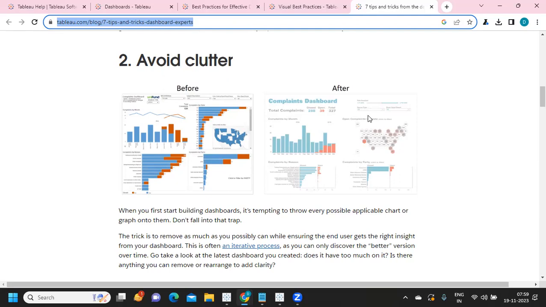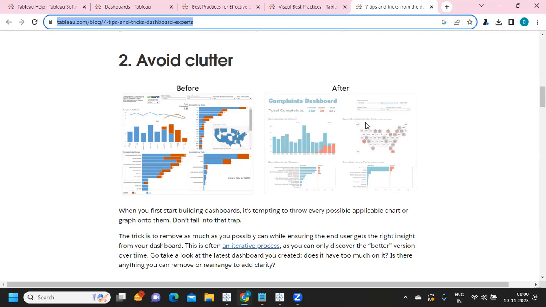This is something you need to take care of while designing your dashboard. This comes out of practice. It's not like on day one we will learn all of this and become experts. When you create many dashboards continuously, you tend to explore, because client A might have a different requirement, client B might have a different requirement.